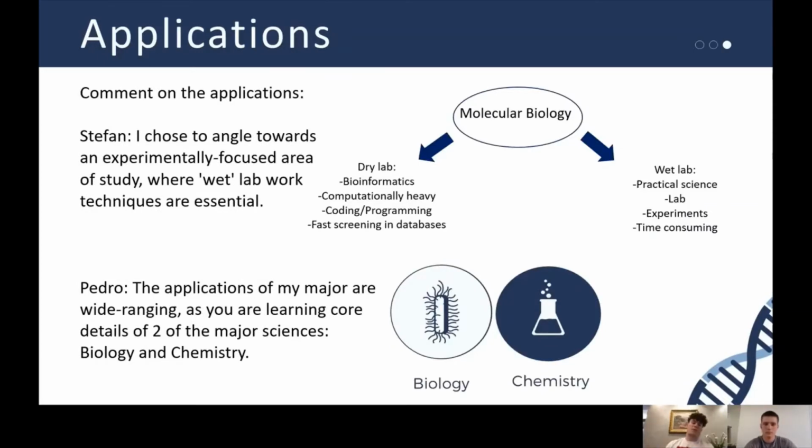So how exactly do we come to these applications? There's two major worlds in the field of molecular biology where you can sort of do actual practical work.